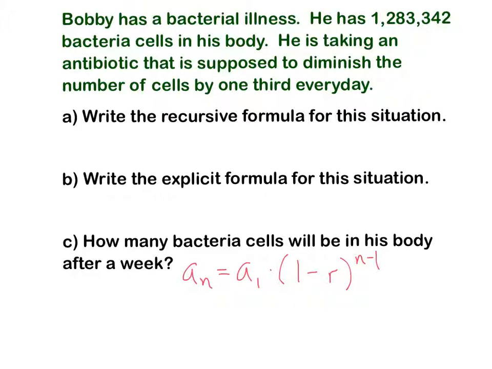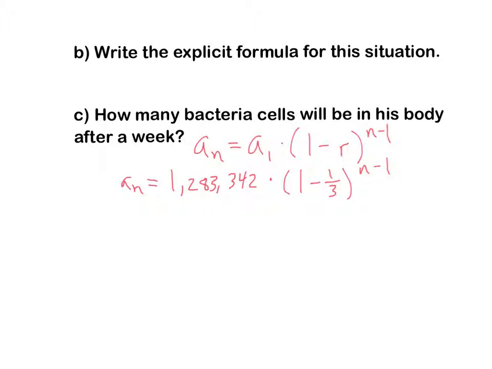A1 is referring to the starting value, and we know that he starts with over 1 million. 1,283,342 cells in his body. R, remember, represents the rate of increase or decrease. The rate is 1/3. So I'm going to put 1/3 in for R. And 1 minus 1/3 is 2/3.